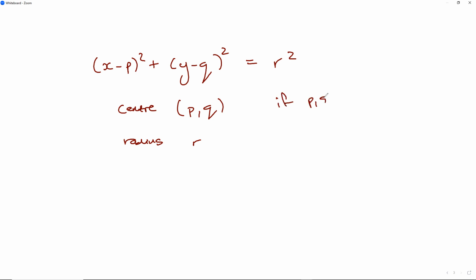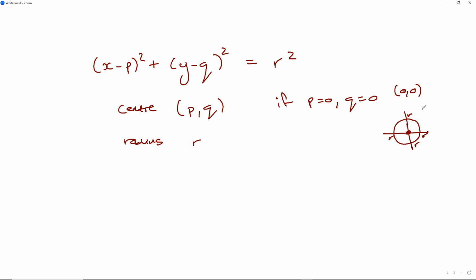If p and q are equal to 0, so if p is equal to 0 and q is equal to 0, then remember the circle will be over the center, because the center will be 0, 0 then, right? Which would be over there. In which case the radius will be the outer values r, cutting the y-axis and x-axis at each of those points.